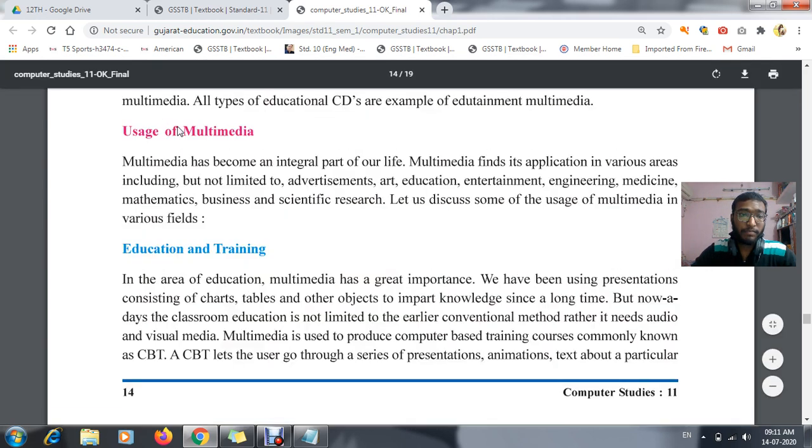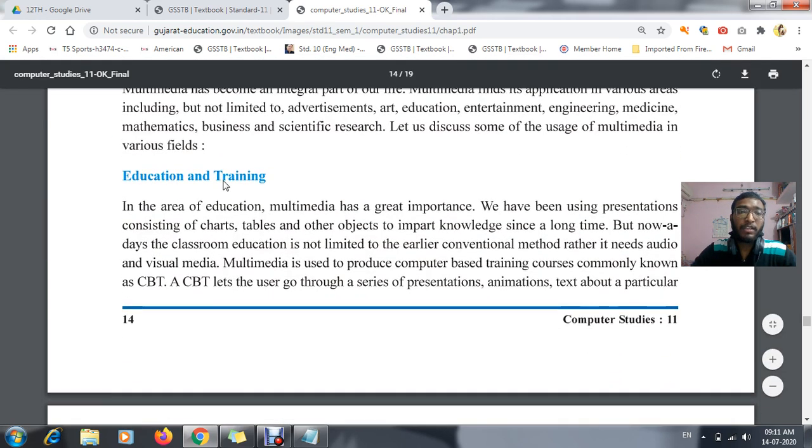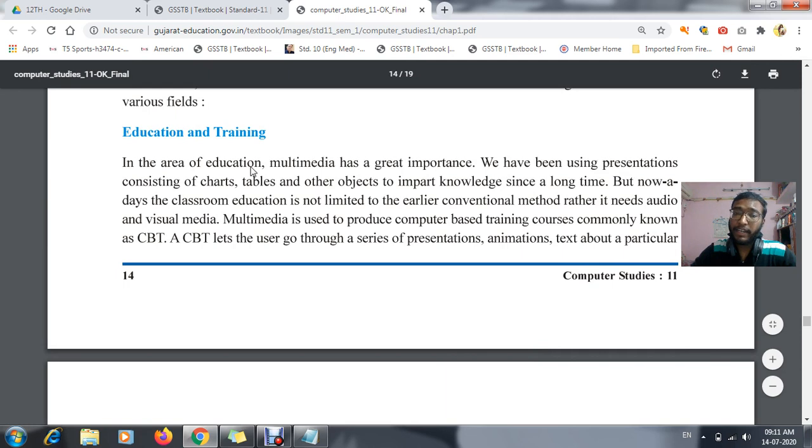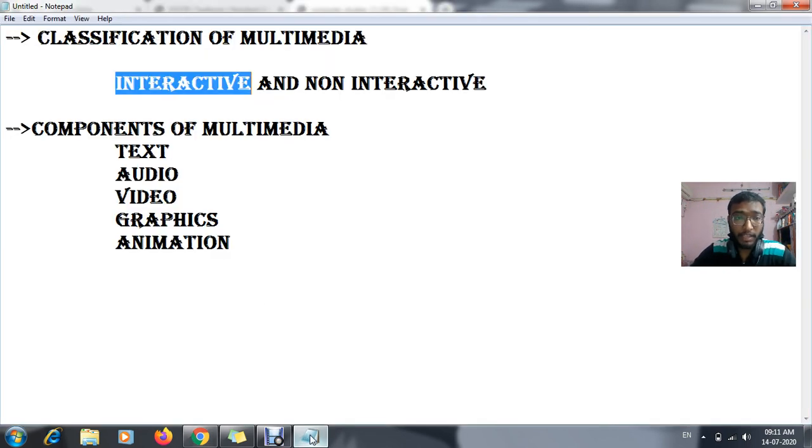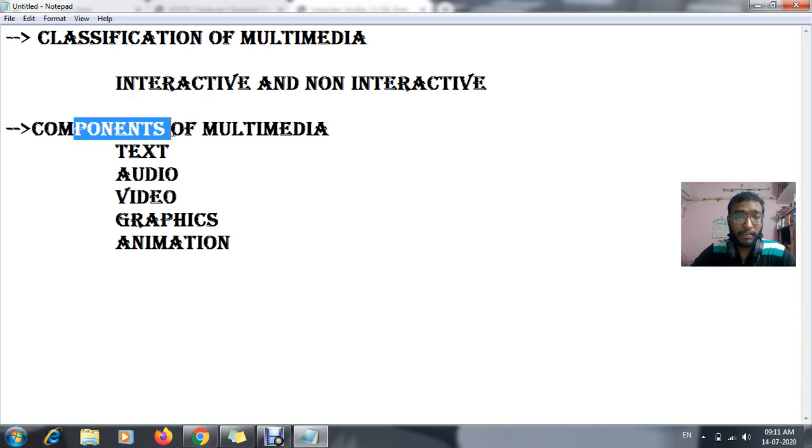The first usage of multimedia is in education and training purposes. The best example of education is our live classroom. Here I am using text, you can see in my component, what I have written right now.